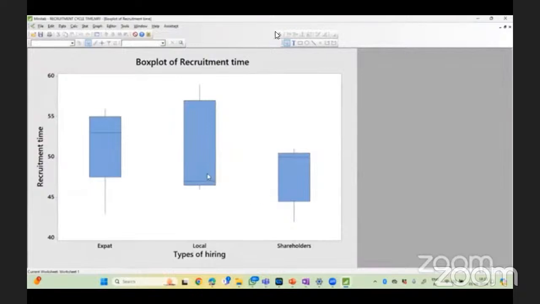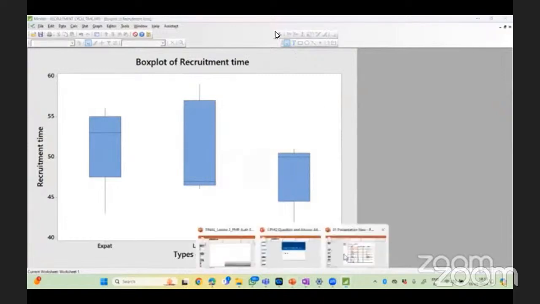Well, there's no clear distinction between the three. The variation is almost the same. You have experts also being hired between 42 to 56 days, locals are also 45 to 66 days, and shareholders also. So there is not much difference. I would say that it is not the root cause. So I have got the root causes.